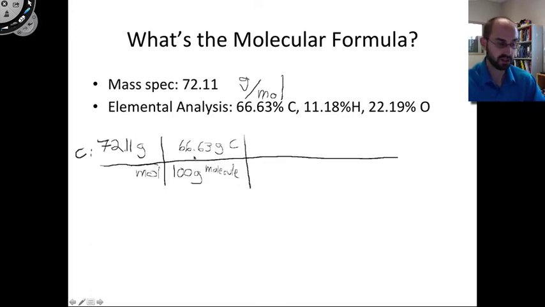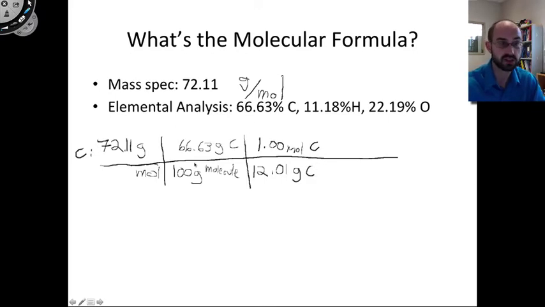And then the last thing to do is say, okay, we know the atomic mass of carbon. So we know that for every 1 mole of carbon, that's 12.01 grams of carbon.